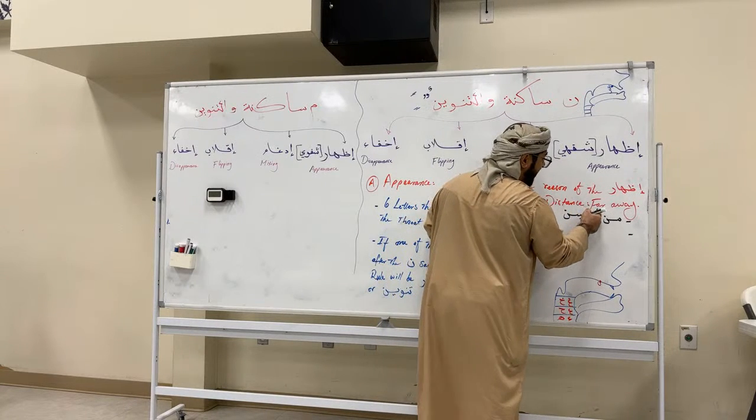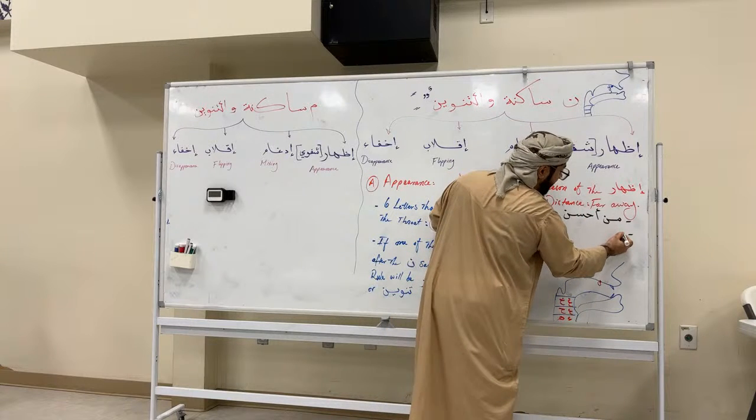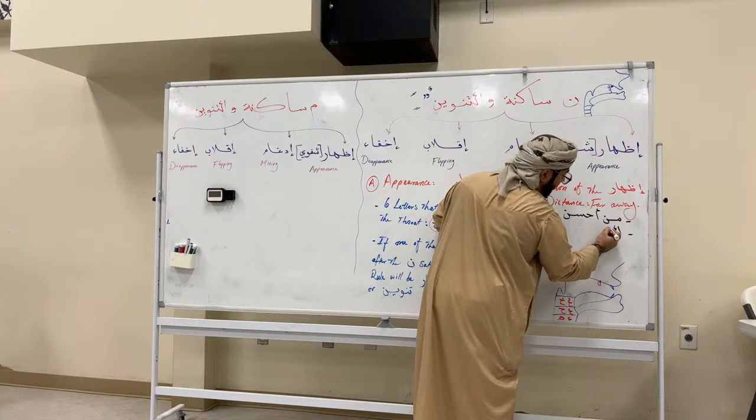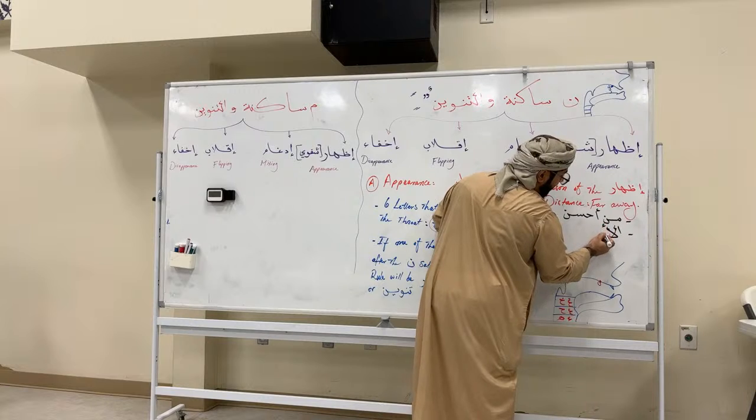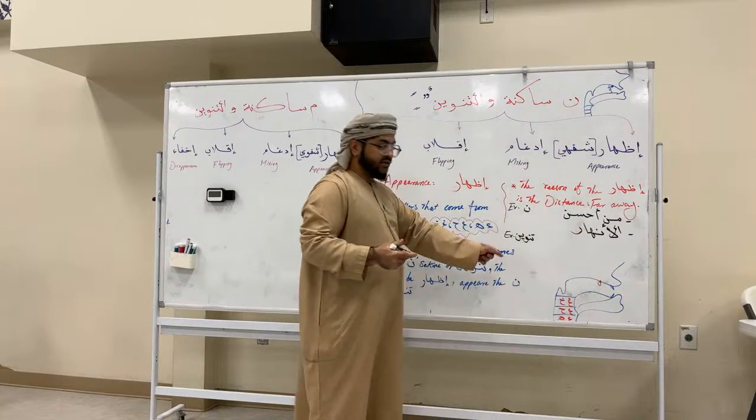Okay, so right now we have an example for the hamza, noon and then the hamza, and then al-anhar, عنه, noon and then ha. Right now we need the other 4.